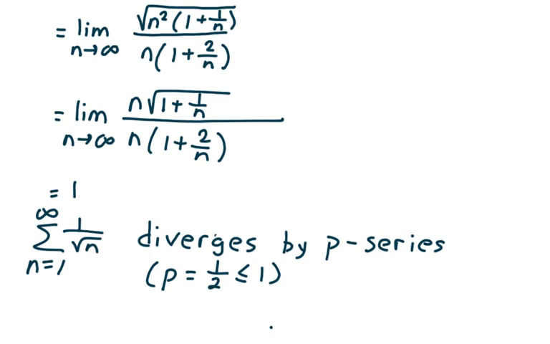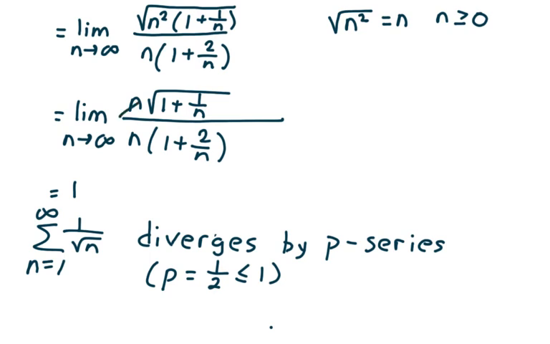Now, remember, the square root of n squared is equal to n as long as n is greater than or equal to 0, so I don't have to have absolute value bars. So this is going to be the limit as n goes to infinity of n times the square root of 1 plus 1 over n, divided by n times 1 plus 2 over n.